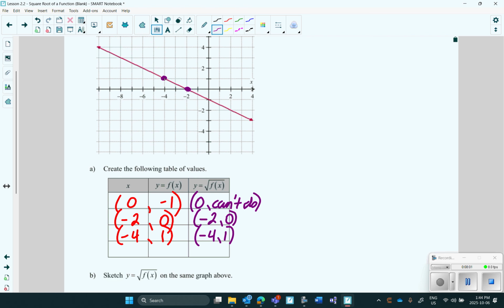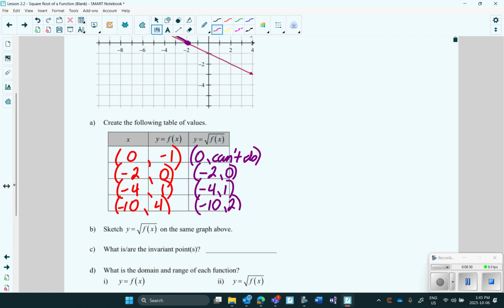There is 4 up there: -10, 4 becomes what when we square root the y's? -10, 2. So it looks like this, which makes sense, because that's the way these square root ones are looking. What are the invariant points here? -2, 0 and -4, 1.